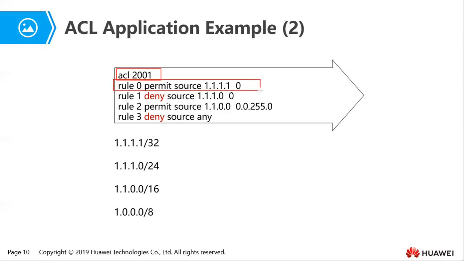We are permitting that, and we are putting all zeros. If we just put a single 0, it means all zeros. So which network is rule number 0 going to allow here? The very first one, right? Because it's a permit, Cindy. Yes. Okay, let's go to rule number 1.